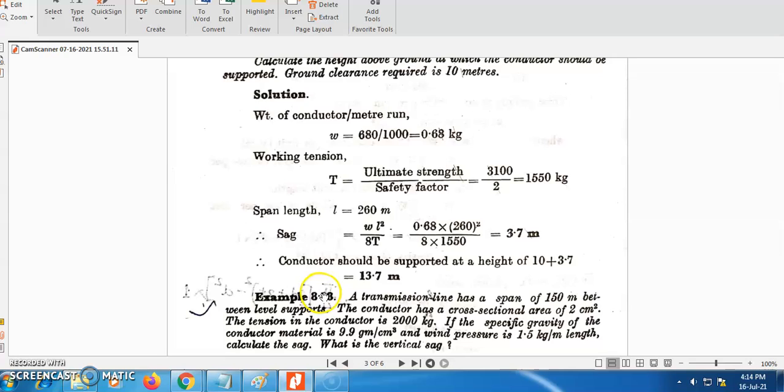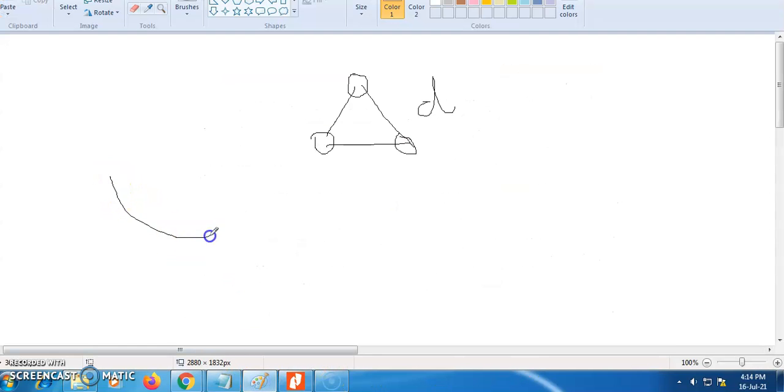So what is meant by sag? Sag is the distance between the topmost conductor point and the lowermost conductor point. So now the conductor should be supported at a height of 10 plus 3.7. For example, if one conductor is here and the other conductor is here, the distance between these two points you can consider as sag.